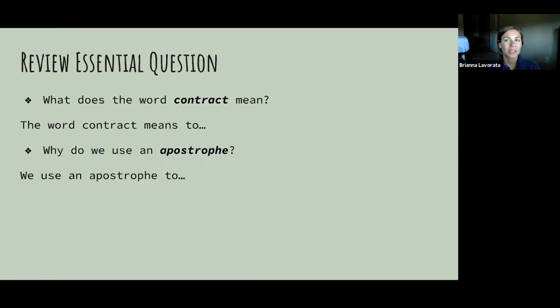What does the word contract mean? The word contract means to, drum roll, shorten or make something smaller. Why do we use an apostrophe? We use an apostrophe to show that we are removing letters in a word, right?